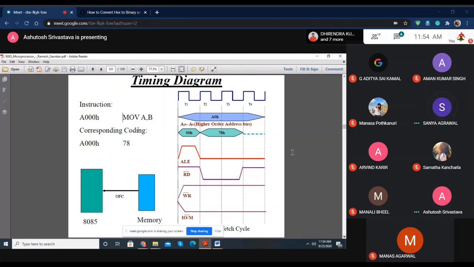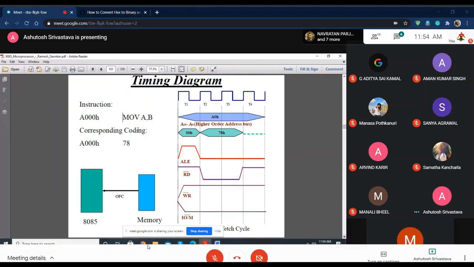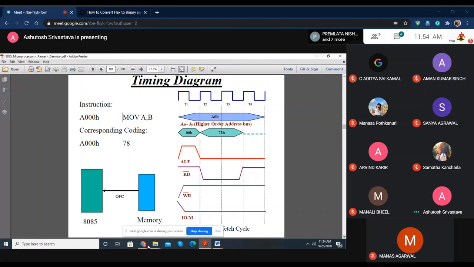Yes, sir, it is 78 only. Hex number of MOV A, B is 78. So that's a hex number. Remember, that's a hex number. Yes, sir. What's the equivalent 8-bit binary? Sir, 0, 1, 4 ones and 3 0.